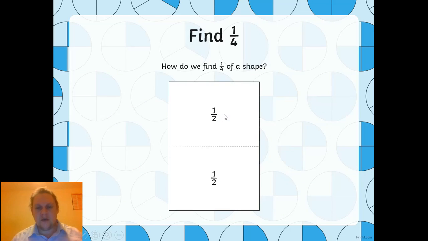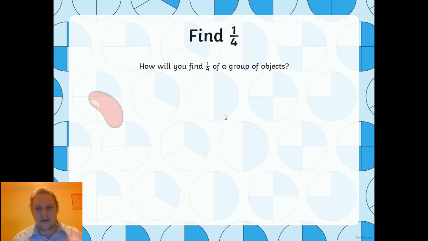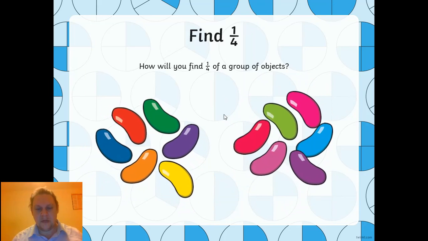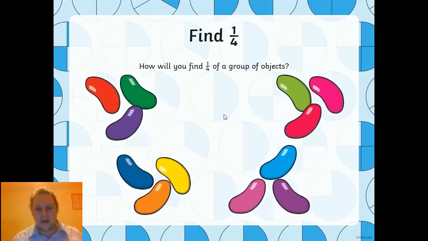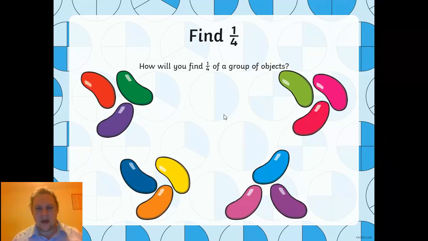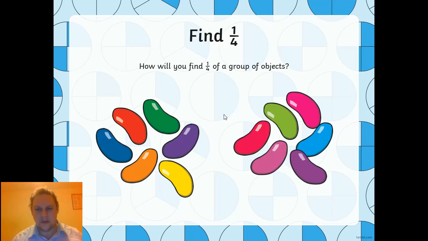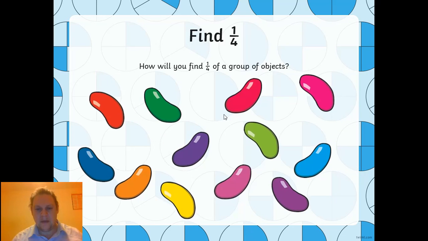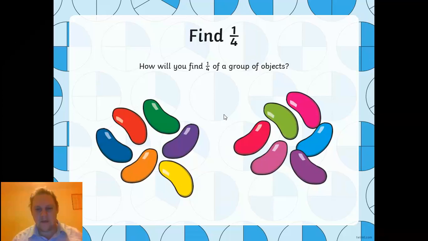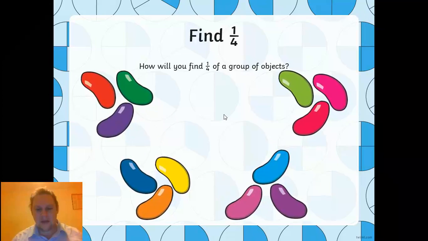So just like we could do with our shape, creating quarters by halving and then halving again, we can do the exact same thing with a group of objects, or a number. We can halve and halve again to get quarters. Okay, and then we'll be able to find out how many are in each quarter.